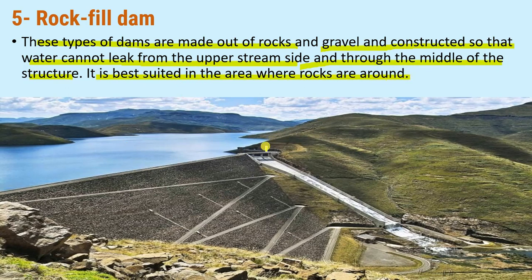As you can see, rocks and mountains are all around, and from one side this kind of rock fill dam has been created, and then it can be used for different purposes by releasing water in a controlled way. So this is also used for multi-purpose projects.